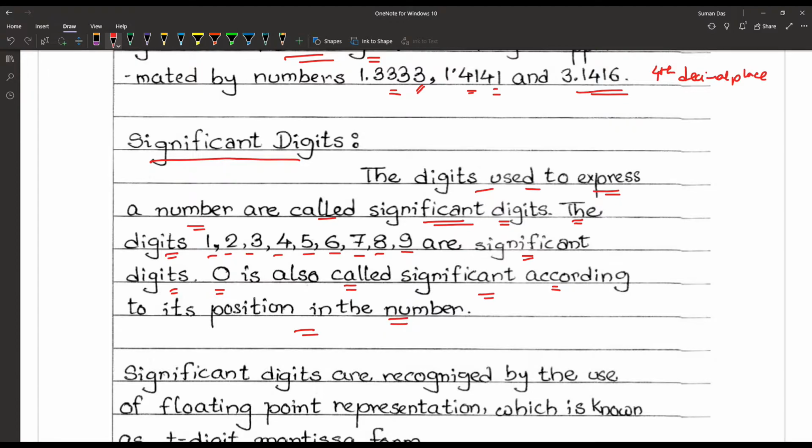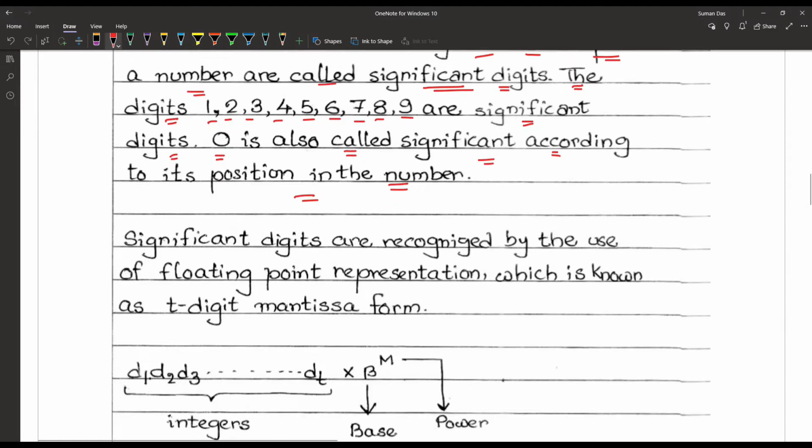Now, once again, about the discussion of the significant digit, we have to know another term, and that is known as the T-digit Mantissa form.